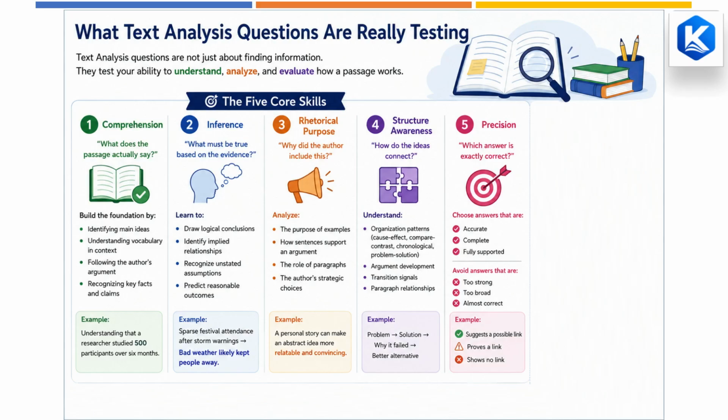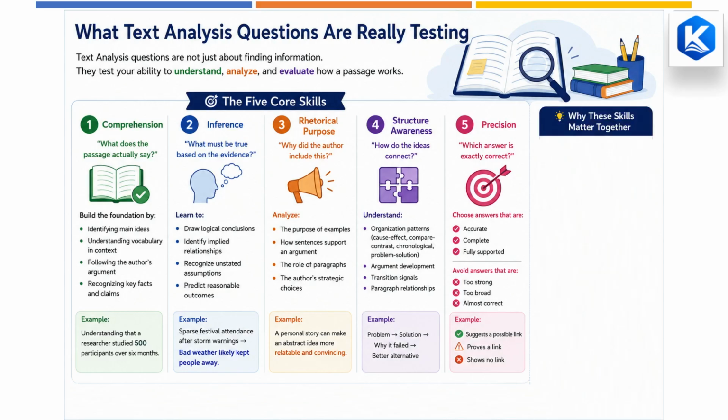The problem is the word proves. The passage only says suggests. A completely wrong answer might say, "The study shows exercise has no effect on mood." That contradicts the passage. Precision means choosing the answer that matches the text exactly.